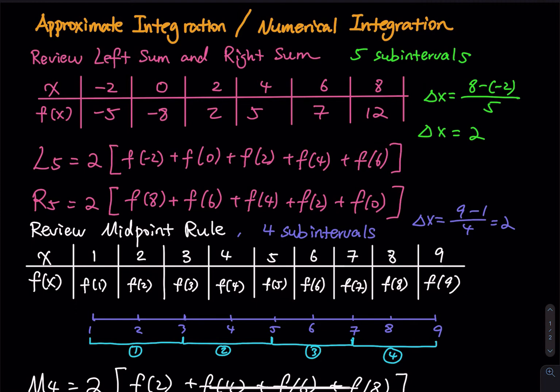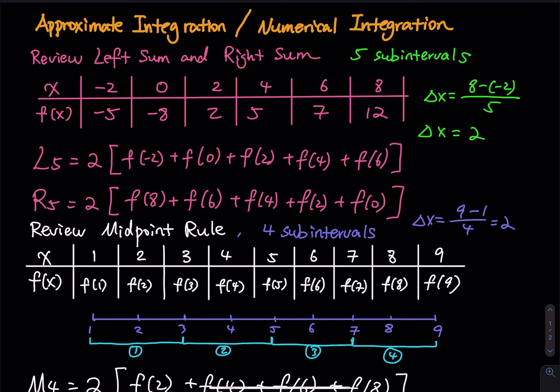And then for the left sum, how do you find the left sum using 5 subintervals? You grab the first 5 values from left to right. So we have delta x, which is positive 2, times f of -2, f of 0, f of 2, f of 4, and f of 6.